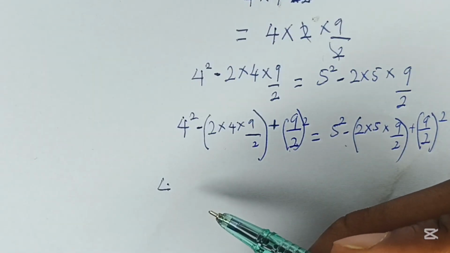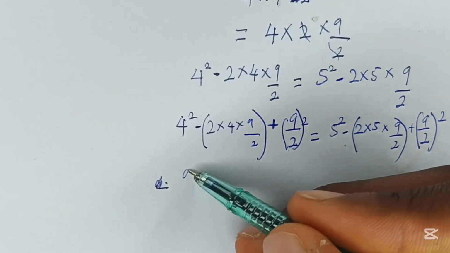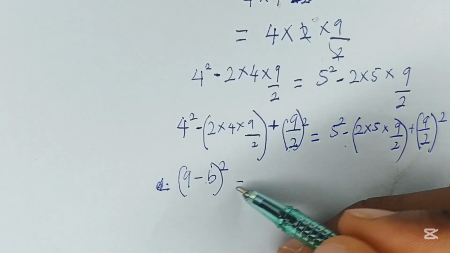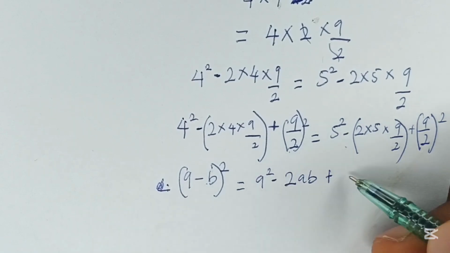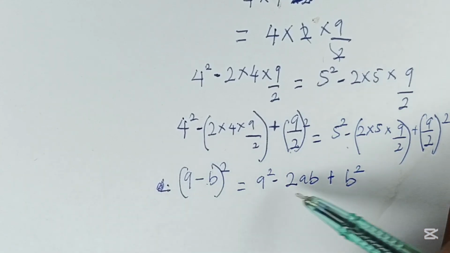Okay, at this point, let's say we had (a minus b) all squared. (a minus b) all squared is equal to a squared minus 2ab plus b squared. Okay, so you can see that you have 2ab here.